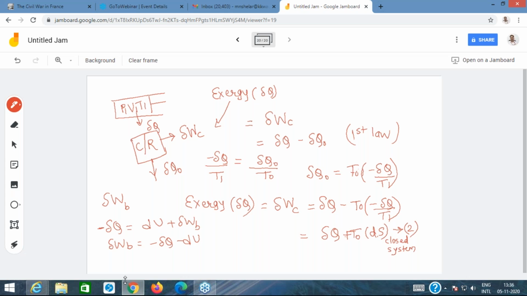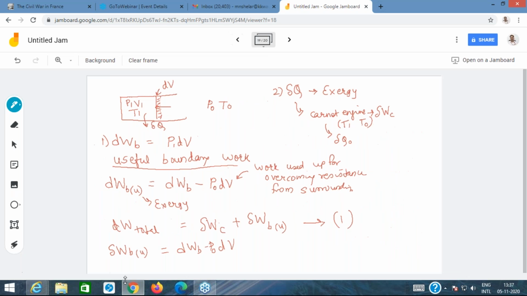Let me choose another pen here. I'm choosing blue. So this expression is the boundary work, and I'm not interested in boundary work. I'm interested in the useful boundary work, because that is to be considered when you are talking about exergy. So I will substitute this expression in the useful boundary work.